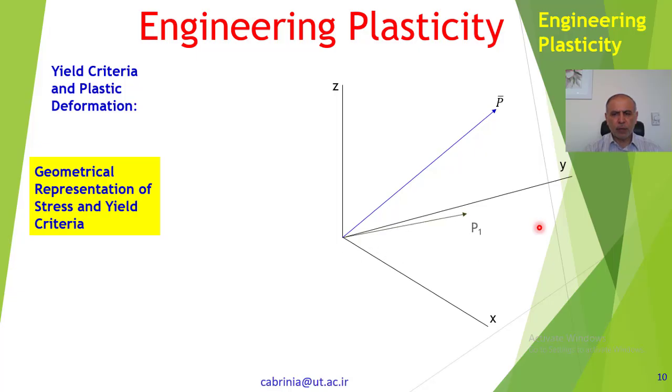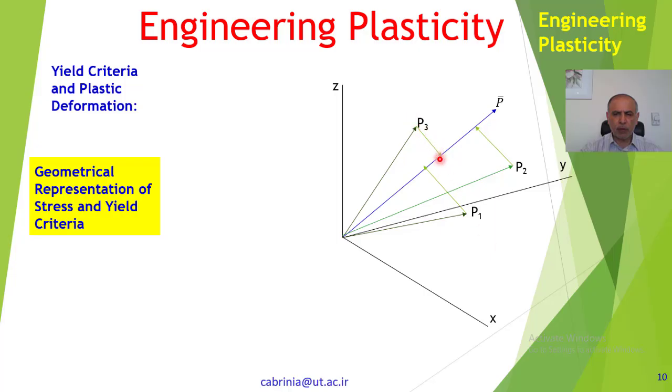Let's have a look at this again and see what the different states of stress are. For instance, P1 is one state of stress, and for this state of stress, the deviatoric stress is like that, the component of hydrostatic is like that. Now if we change the state of stress to P2, then we will have different components of deviatoric and hydrostatic stresses. Also P3, we will have a different one.